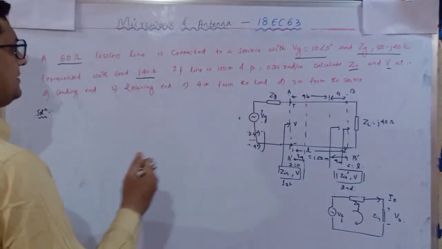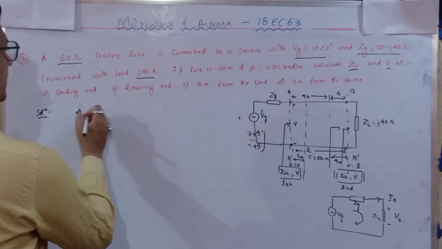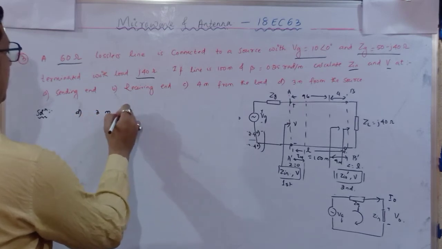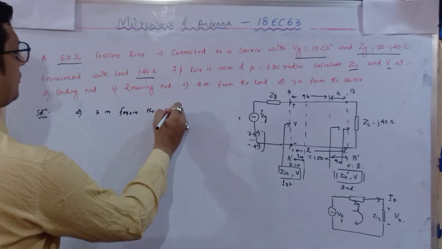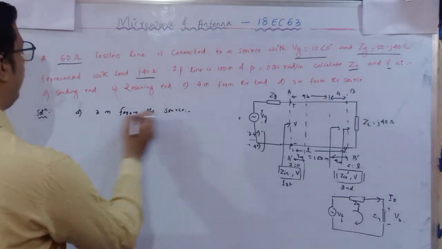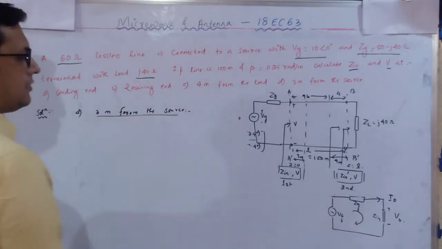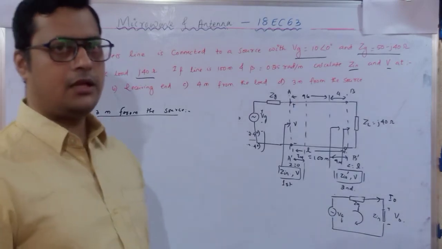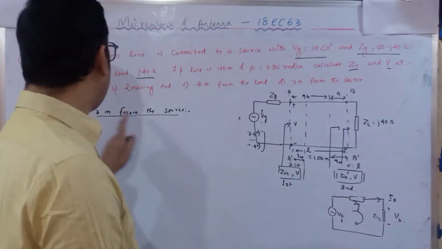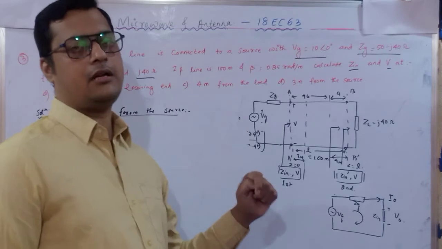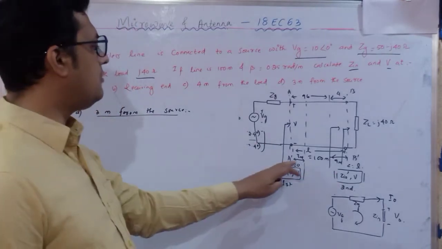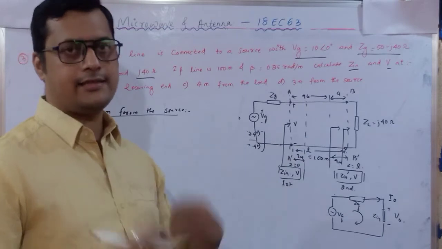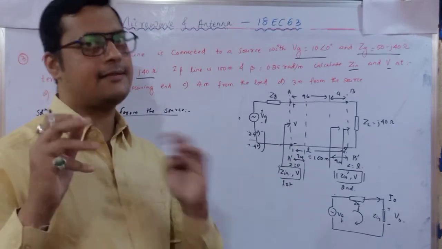Next, 3 meter from the source. If it is 3 meter from the source, how many meters is it from the load? It is 97 meter from the load. Because it is 3 meter from the source, the rest of the distance is 97. So our length will be 97 meter.